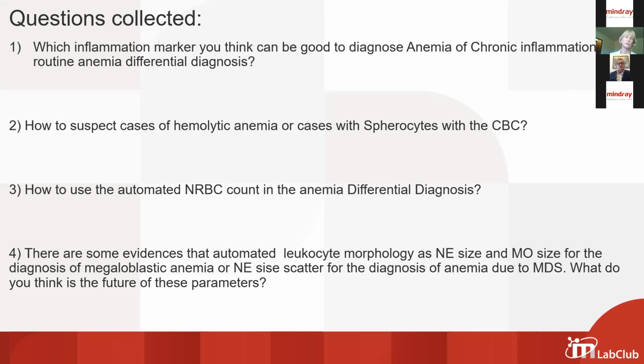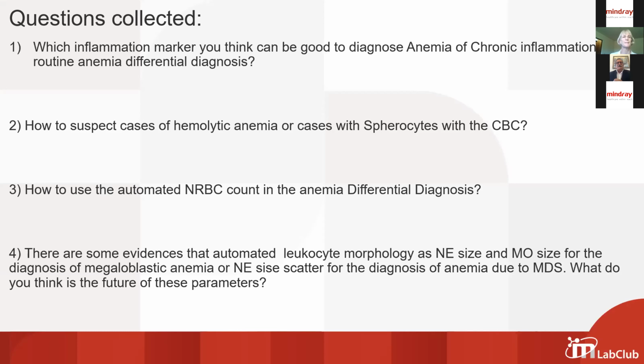What's also super important is not to treat patients that have thalassemia with iron, because that can cause a lot of problems with iron overload down the road. So you want to evaluate for the possibility of thalassemia as well. In my understanding, it's mostly a diagnosis of exclusion, excluding iron deficiency, excluding thalassemia.